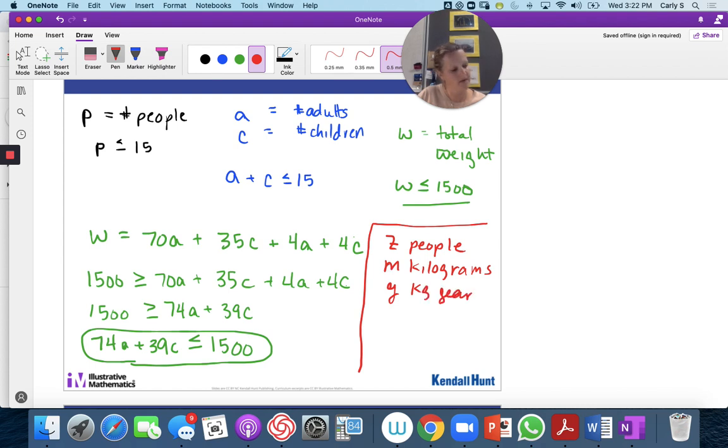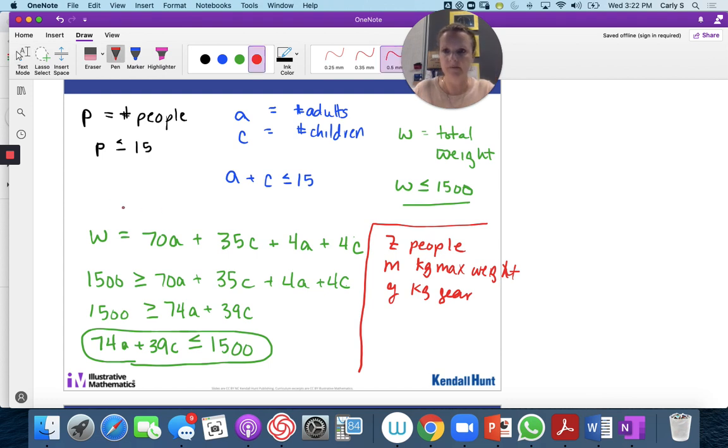Sorry, the M is each car can carry a maximum, so we're going to say M, maximum weight. All right, so we're going to rewrite each equation. Let's do it.